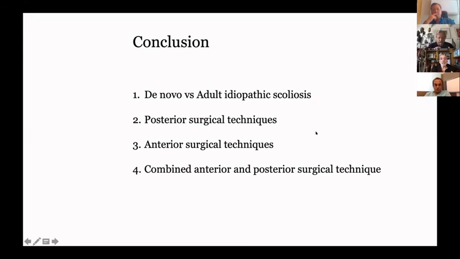The point is to maintain the same goal. We cannot change our goal because we change the surgery. But there is no discussion in the case of anterior surgical techniques: we are less invasive than in posterior. But sometimes it is impossible to avoid the aggressive osteotomy. Thank you very much for your attention.